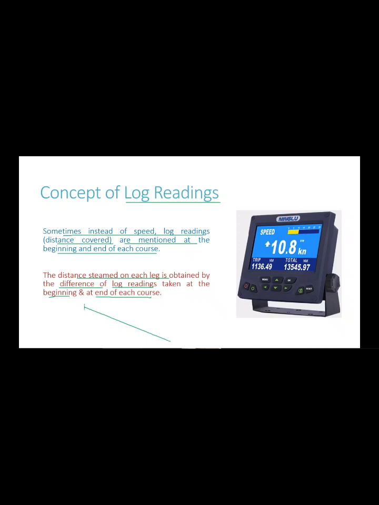When you started moving, the log reading was 1110. And when you ended on this particular course, the log reading was 1136.5. Okay. So what will be the distance covered on this leg, beta?